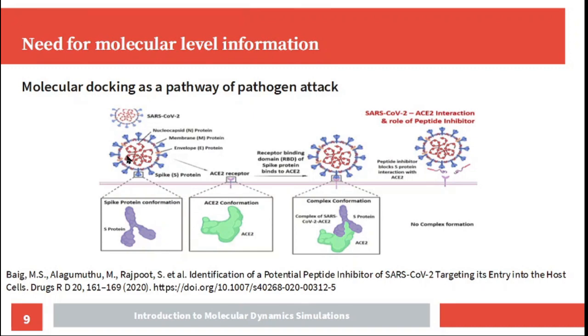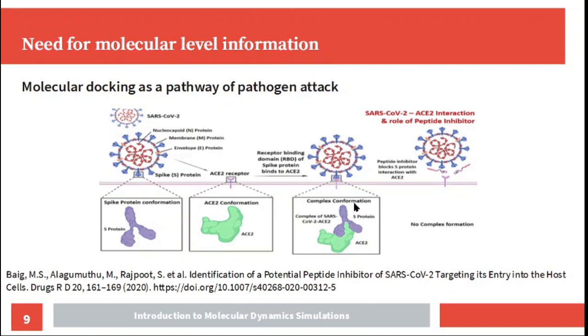The way this virus attacks an animal cell is it docks with a receptor, and if you want to somehow make this virus ineffective, one way of doing that is to somehow block these spikes from docking with the receptor.